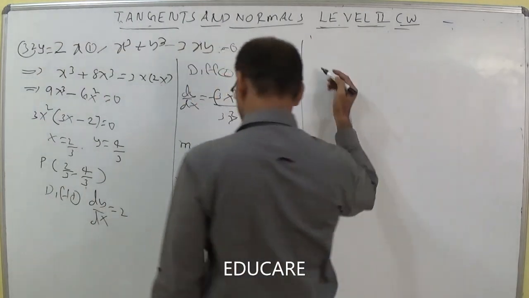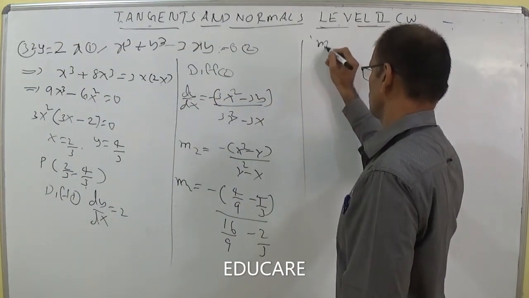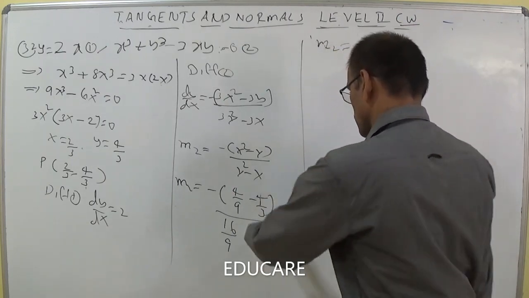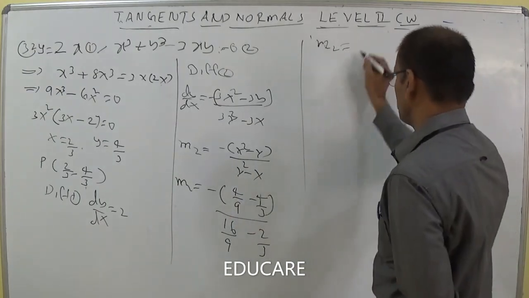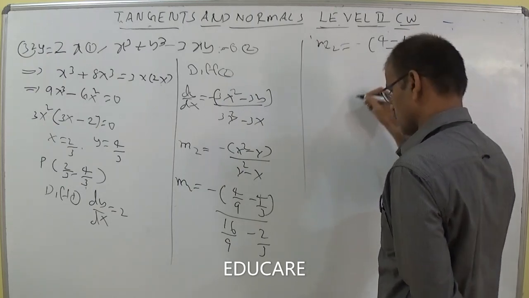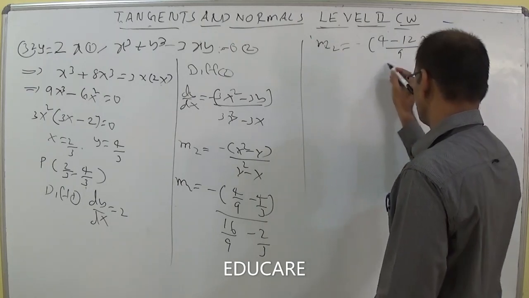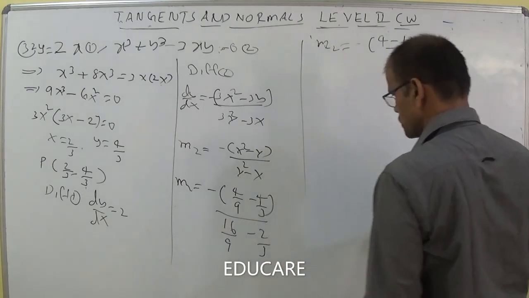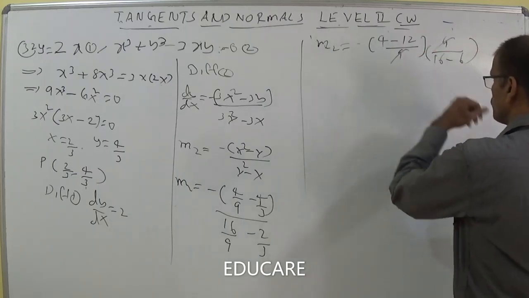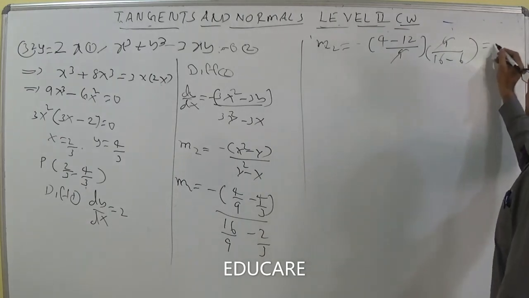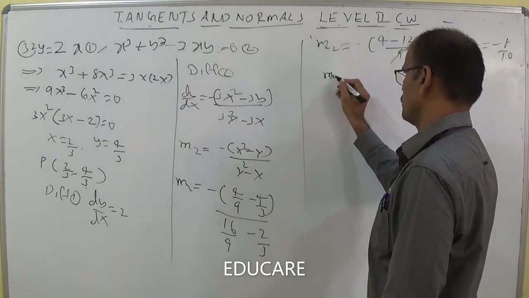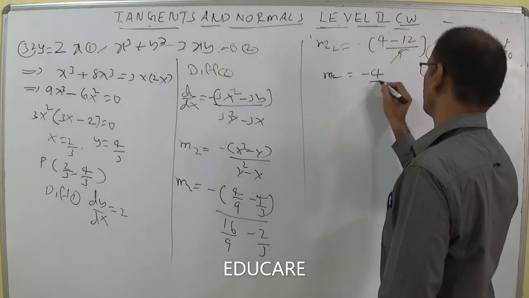Taking the LCM, 9, this is minus of 4 minus 12 by 9 whole by 16 minus 6 by 9. 9 and 9 got cancelled, 4 minus 12 is minus 8, divided by 10. So m2 is equal to minus 4 by 5.